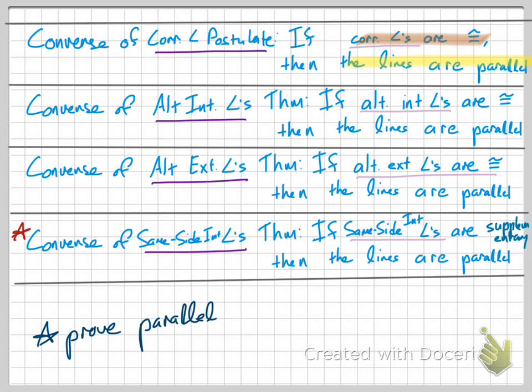Alternate interior, if those are congruent, then our lines are parallel. Alternate exterior, if those are congruent, then our lines are parallel. And then the one oddity, if same side interior angles are supplementary, then our lines are parallel.